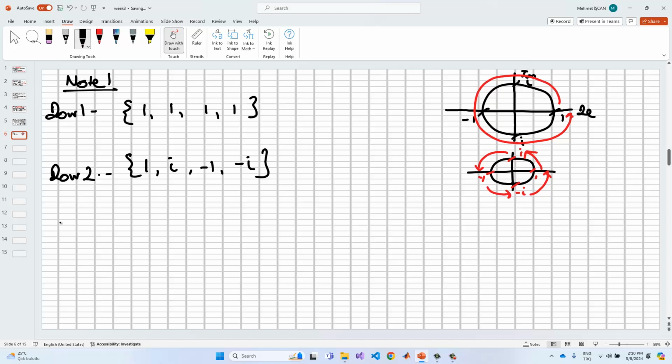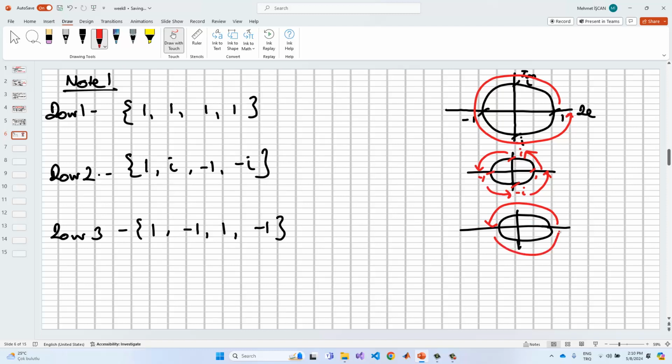And so the row 3 can be given with the what? 1, minus 1, 1 and minus 1, right? And so we have the signal in here. And so what's the pattern of this term? 1, minus 1, 1, minus 1 in the geometrical relation.